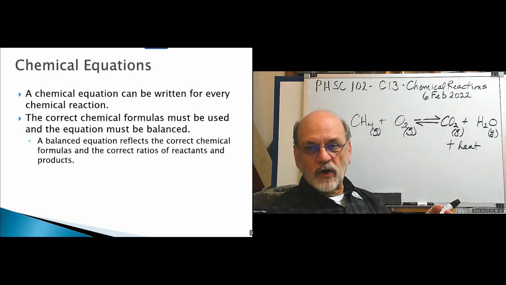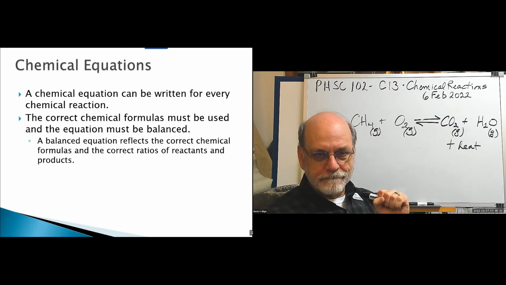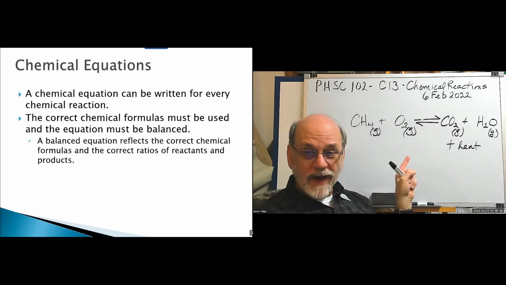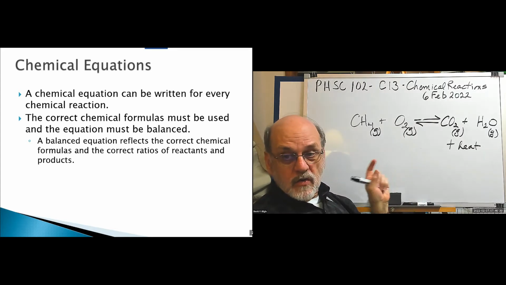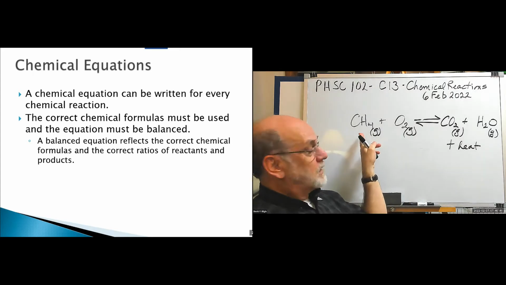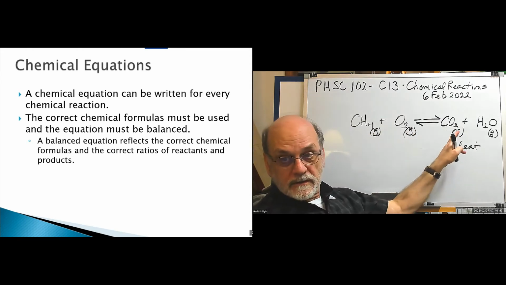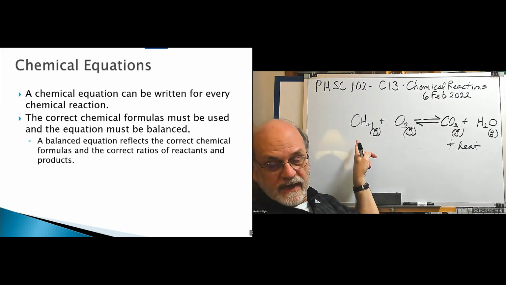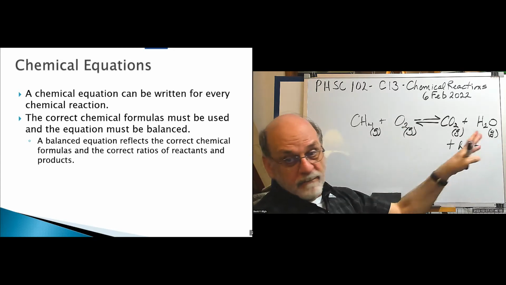Most of the time you have to be told, and then you deal with it from there. What we also need to do, when you write a chemical equation, is know and write correctly what the reactants are, right? This one has to be CH4, that's methane. If you write it any other way, then it's going to affect the outcome. It may not even happen.